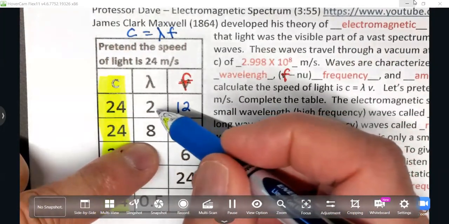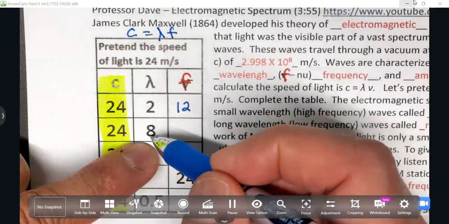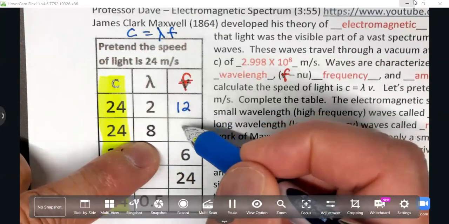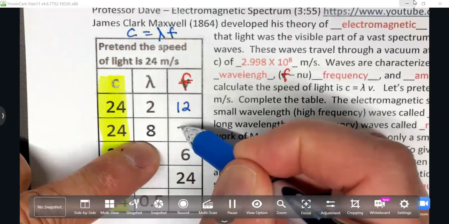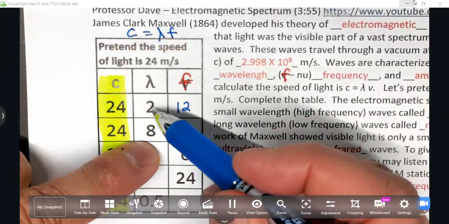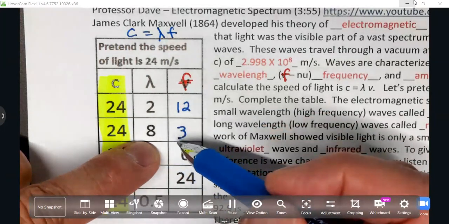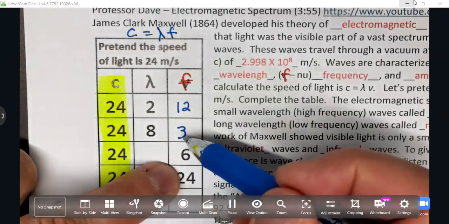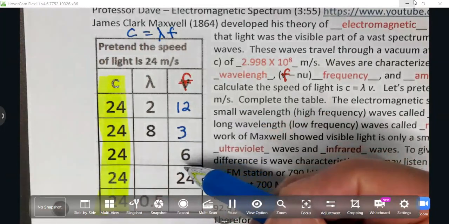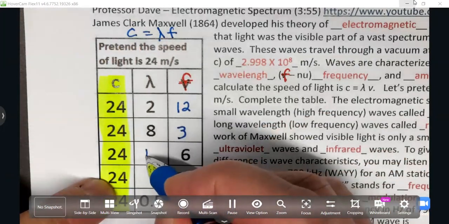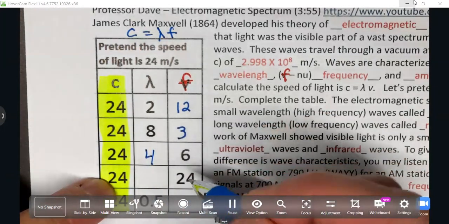If your wavelength increases, what's your frequency going to do? It's going to go down to 3 in this case, right? Wavelength goes up, frequency goes down. What if your frequency goes up, from 3 to 6? Then your wavelength goes down to 4, right?